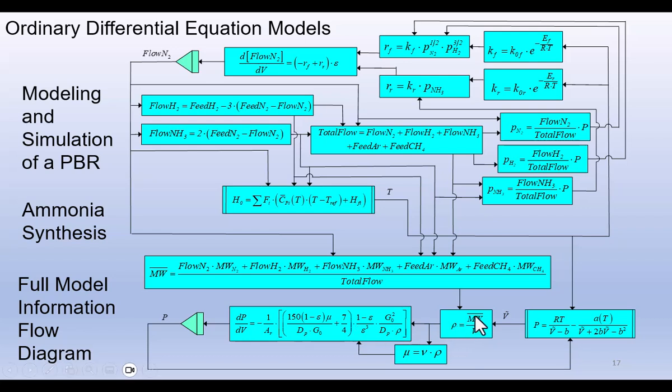The density we've shown before is the average molecular weight from here divided by the specific volume, and the specific volume we can get by solving the Peng-Robinson equation of state, which is shown here. We need to solve that for specific volume.